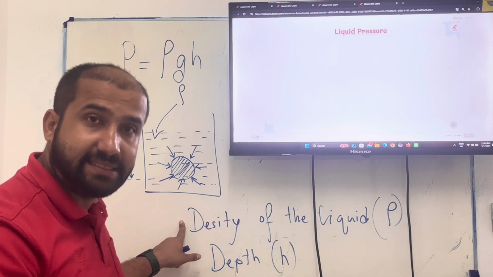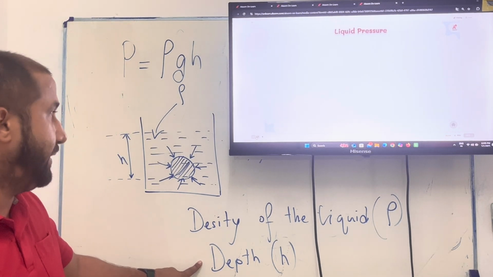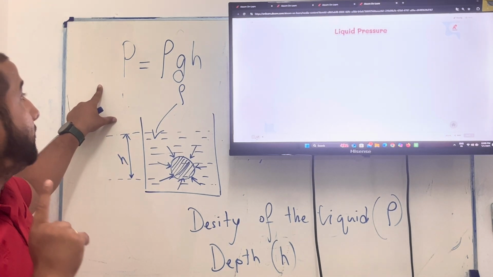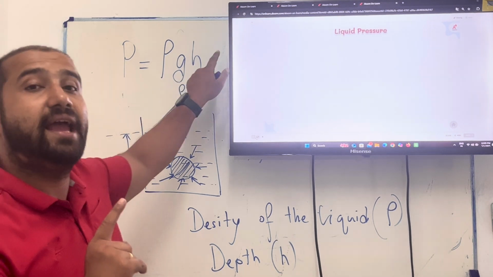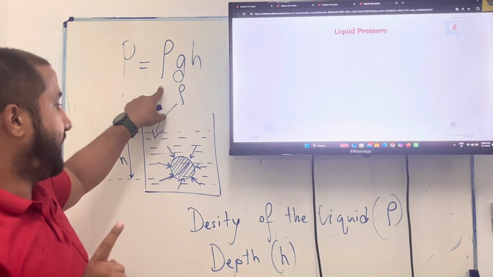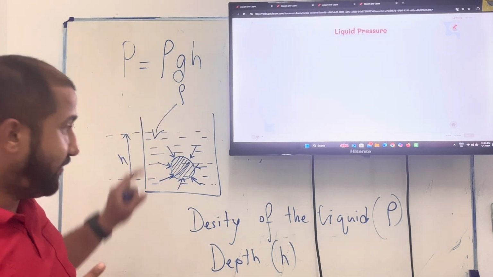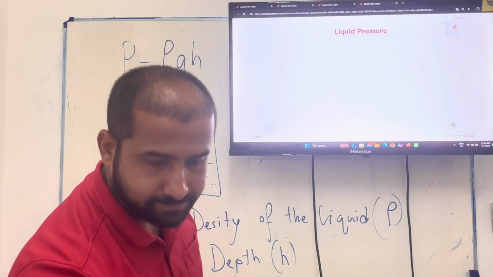What type of liquid is that? And another thing is depth of the liquid. That means liquid pressure P is equal to rho g H. Rho represents density of the liquid, g represents gravity, and H represents depth.